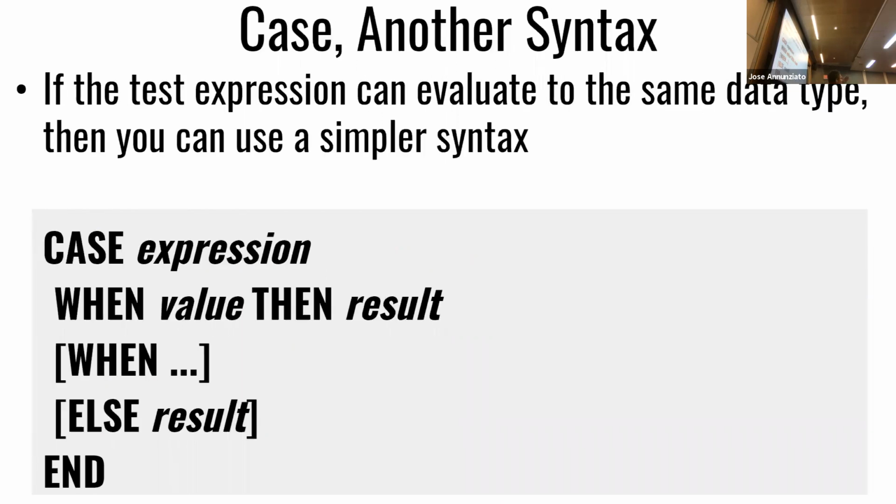In switch, you only have one predicate, one expression whose value is then compared against multiple cases. So the same thing here: you would say case expression, and then when value, when value, when value. That one expression gets compared against multiple values, and the one that matches gives you the result.